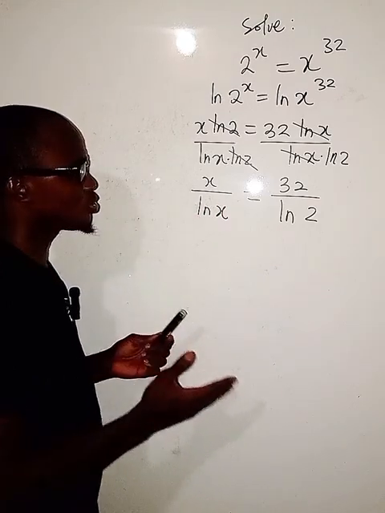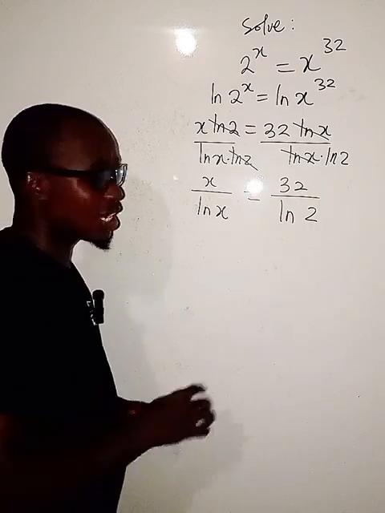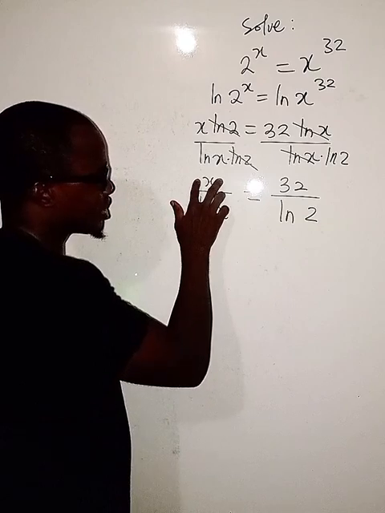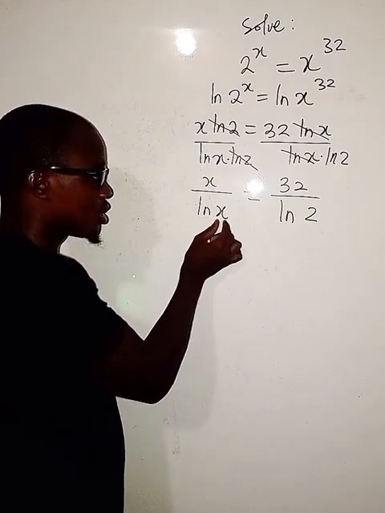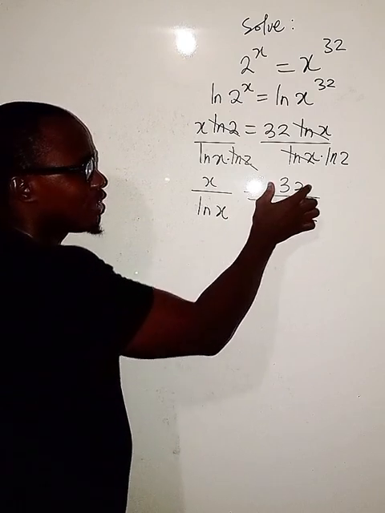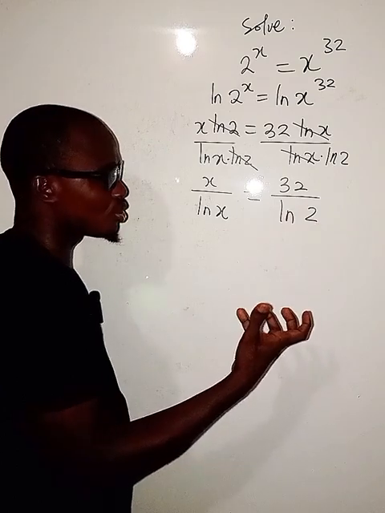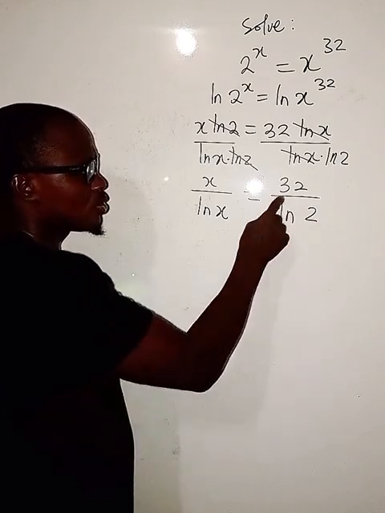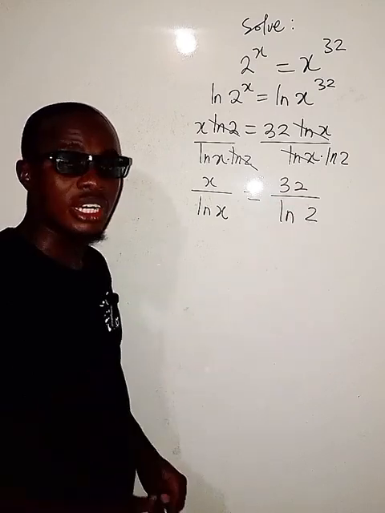So now let's see what we can do. Can we write this differently? On the left-hand side, we have x, which happens to be the argument of this logarithm. But on the right we have 32 and ln of 2. So let's manipulate it so that we have the same thing as the argument of the logarithm.